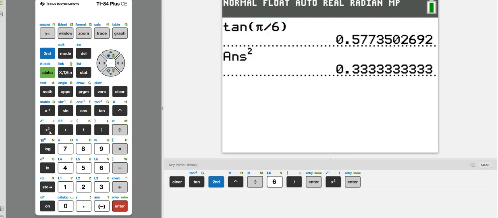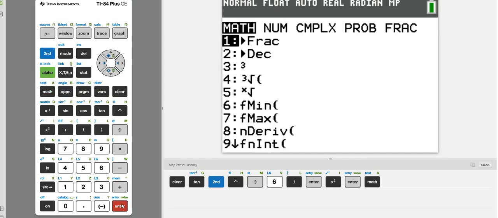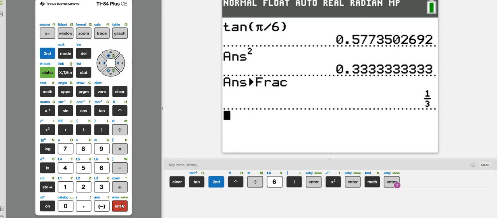And now that number should look a little bit more familiar. Does anyone recognize 0.33333 as a decimal? If you don't, hit the math key. Oh, that's 1/3.